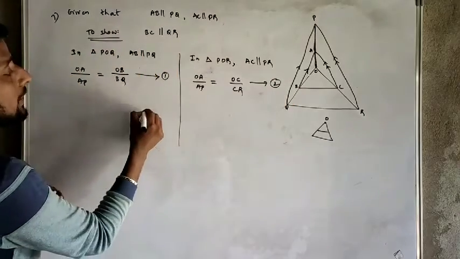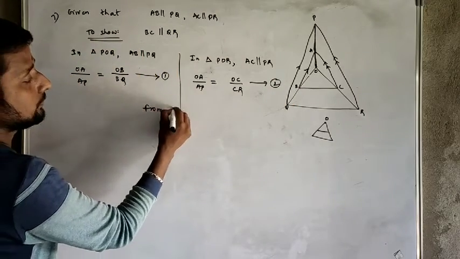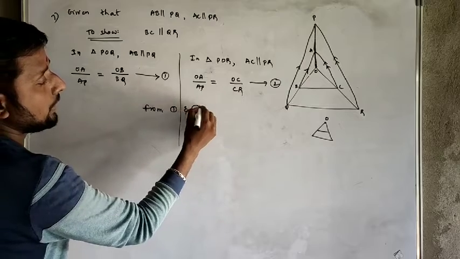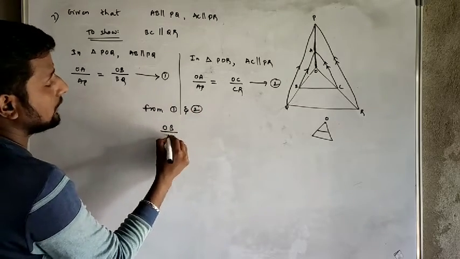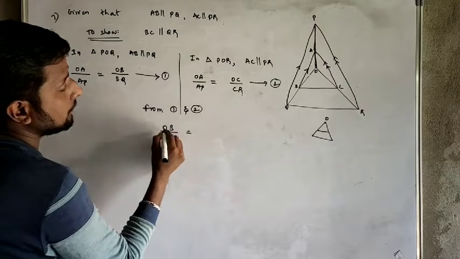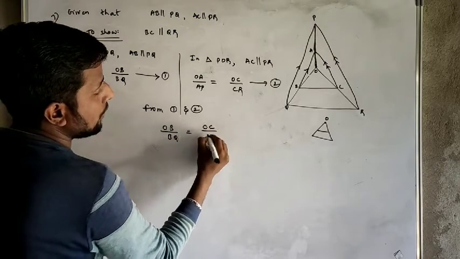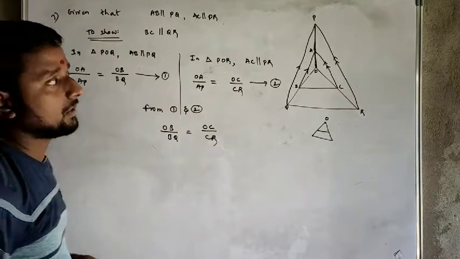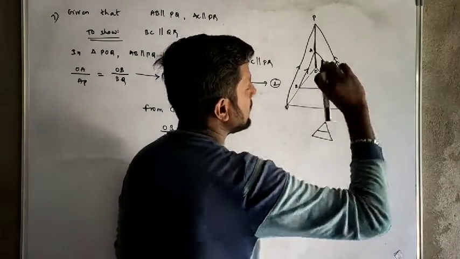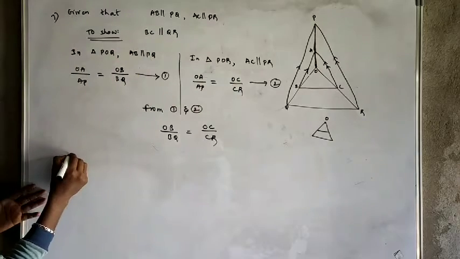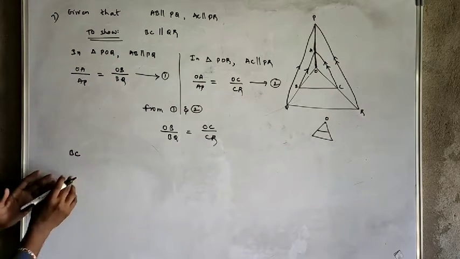So simple, I'll write from 1 and 2, RHS parts are equal. So OB by BQ is equals to OC by CR. What happened? Same. Converse theorem of basic proportionality theorem.